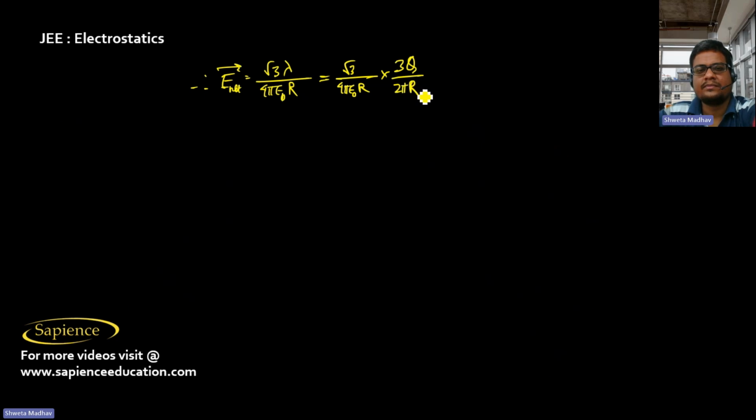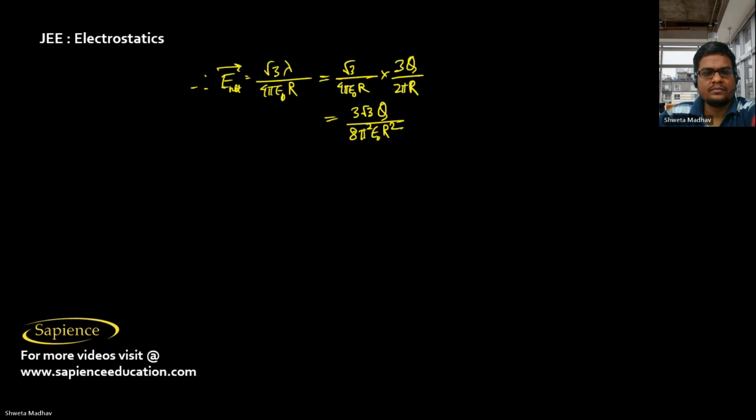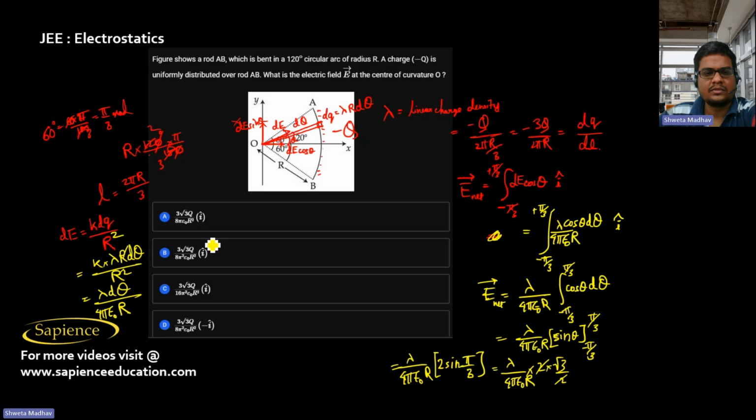So this gives 3 root 3 q by 8 pi square epsilon naught r square.